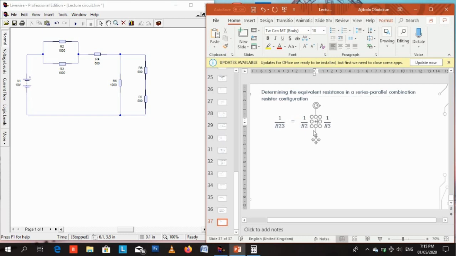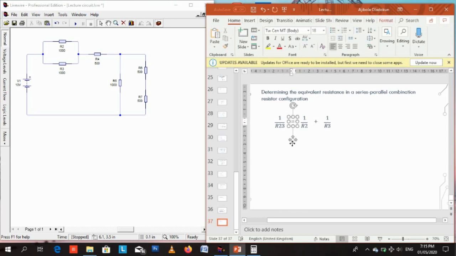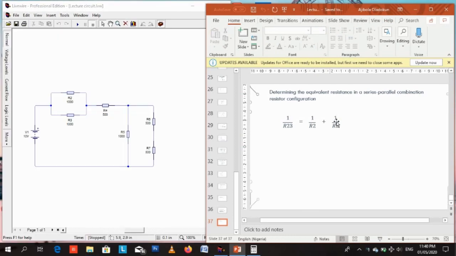So 1 over R23 is equal to 1 over R2 plus 1 over R3. So R23 will be the equivalent or the total resistance of R2 and R3.